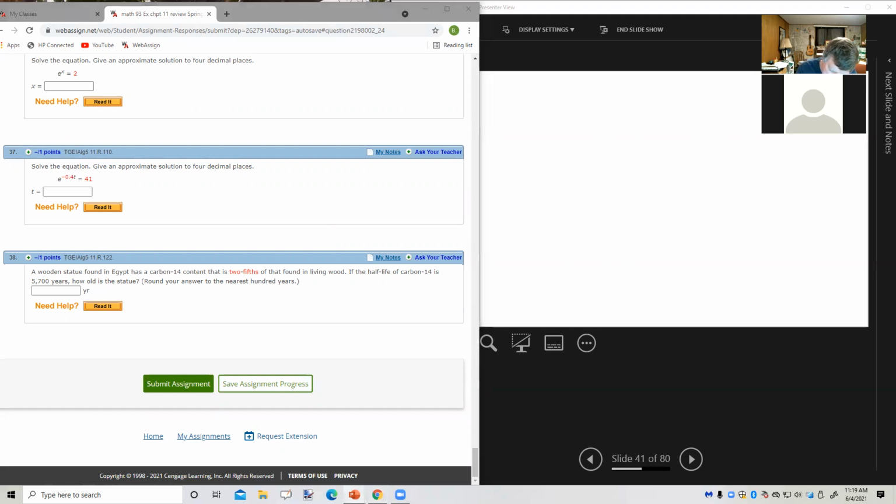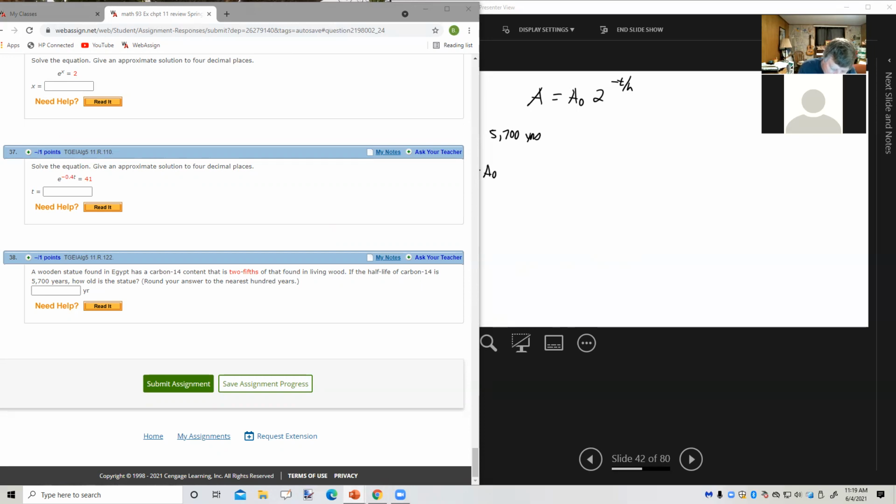All right, so we're going to use the half-life formula. A equals A sub 0 times 2 to the -t over h power. We know that the half-life is 5,700 years, because it tells us that. A sub 0 is the starting amount.